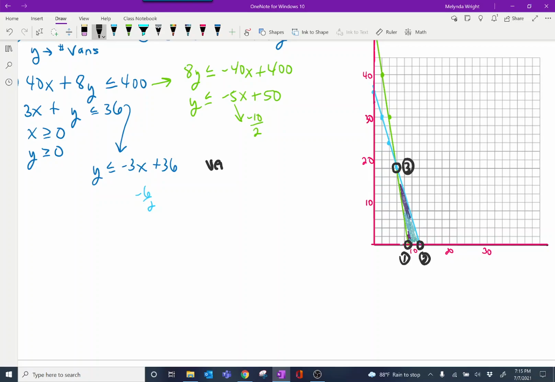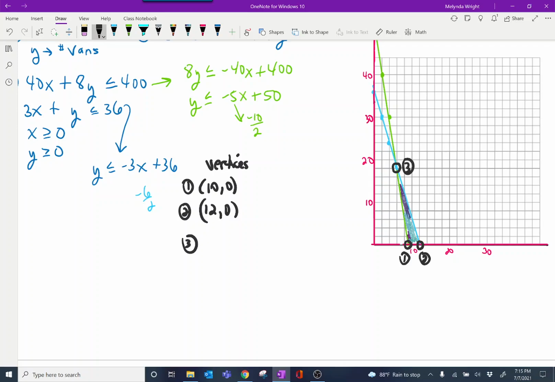Okay, so our vertices. The first one is 10, 0. The second one is 12, 0. The third one, it's kind of hard to tell.